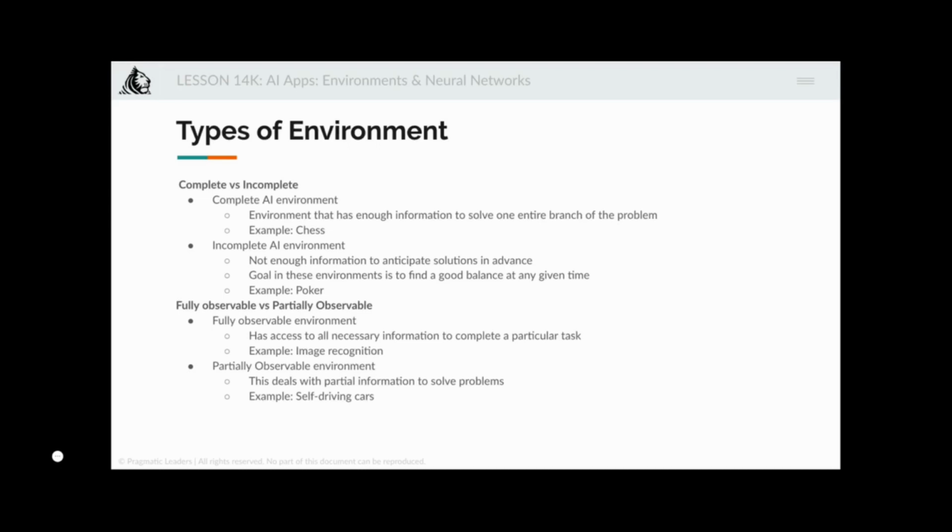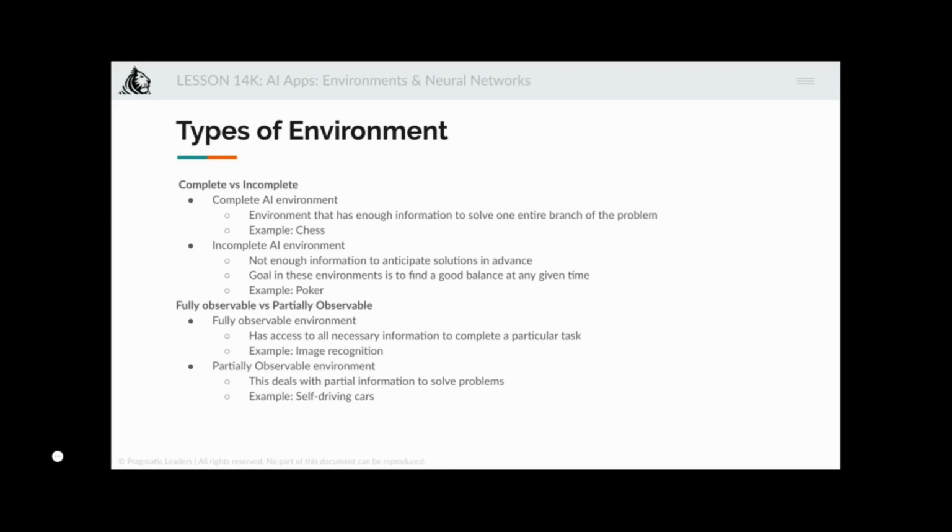To solve that problem to some degree, a branch and bound approach is taken in AI, which is: you divide the problem into smaller problems and then start solving them one branch at a time. Whatever is the best solution or the best branch discovered, the newer branches are compared with it.